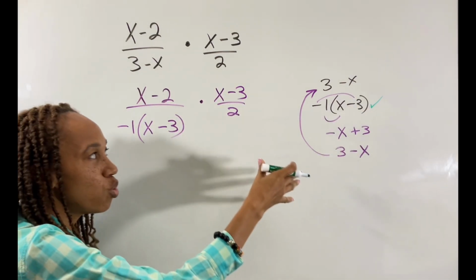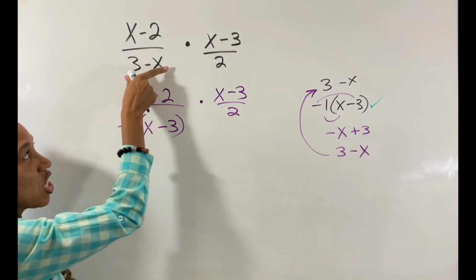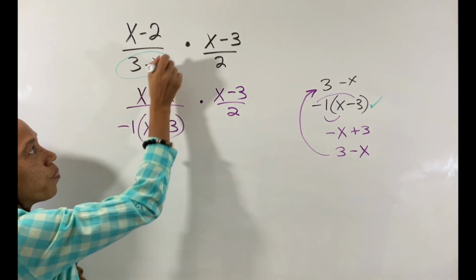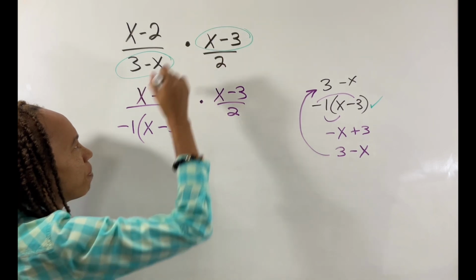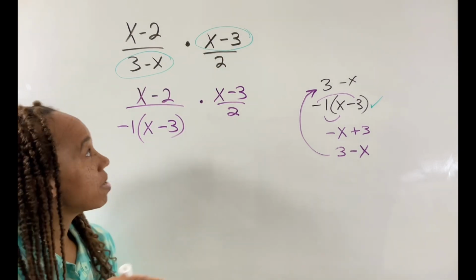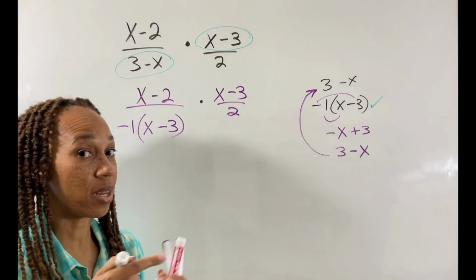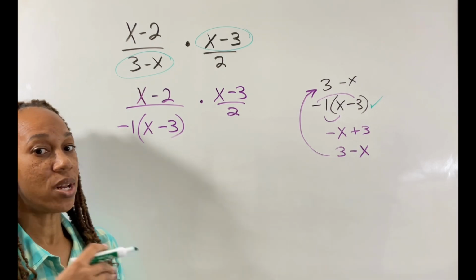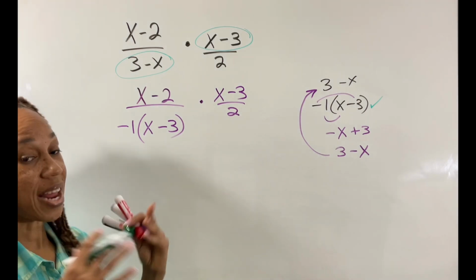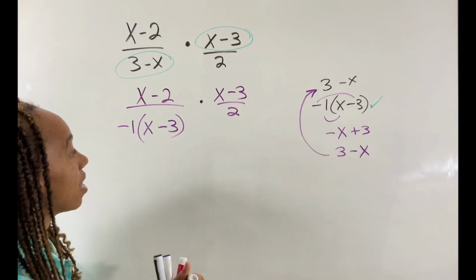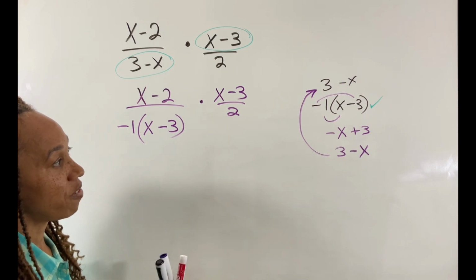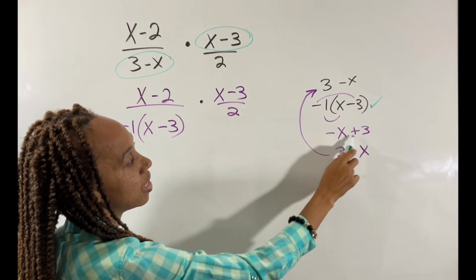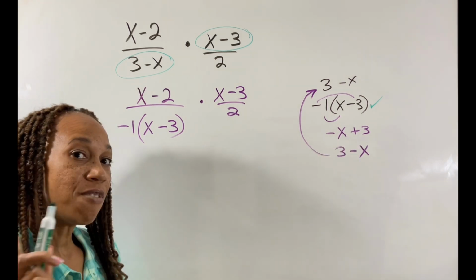So you have to do that whenever you have two factors that look close but they're not a match. We call them the additive inverses of each other. So be very careful there.